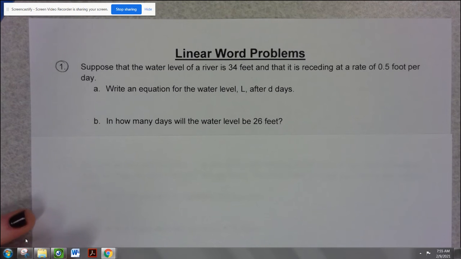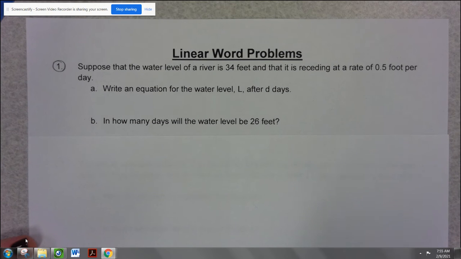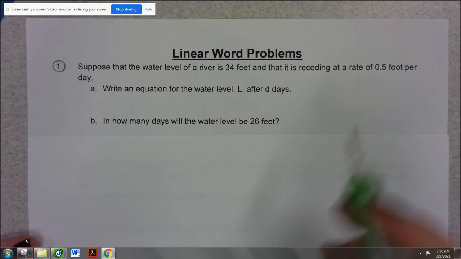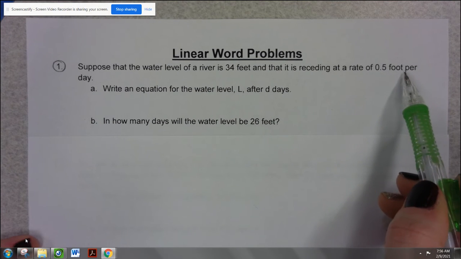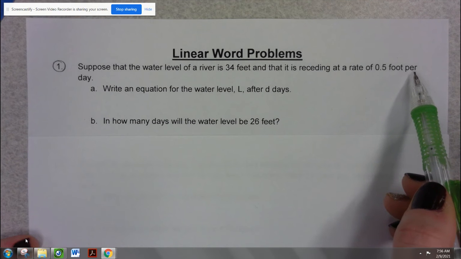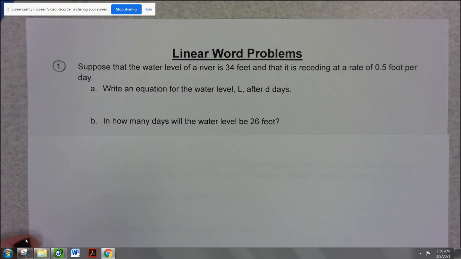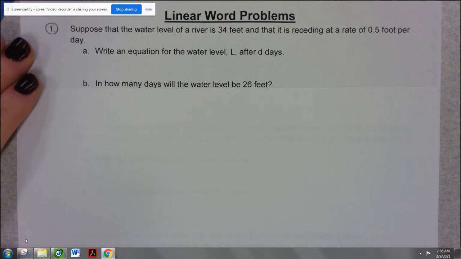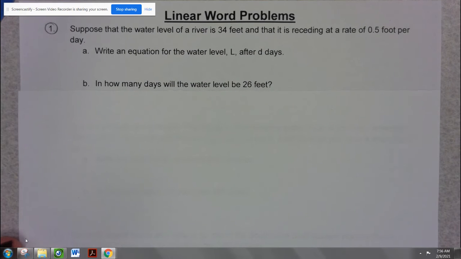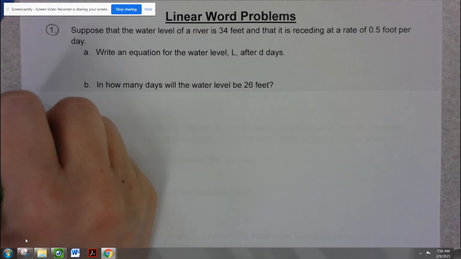So in this case, I know that the water level of a river is 34 feet and it's receding, meaning it's going down at a rate of 0.5 feet per day. Since I see half a foot per day, that tells me I've been given the slope.